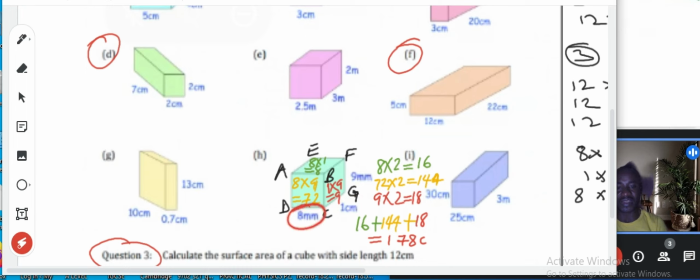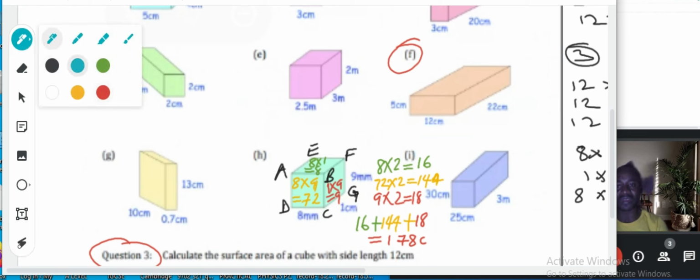This is already in millimeter, 8 millimeter, 9 millimeter. So let's change all of them to the same unit. This 1 centimeter is the same thing as what? 10 millimeters. Good. The 1 centimeter is 10 millimeters. So we should change it to 10 millimeters.